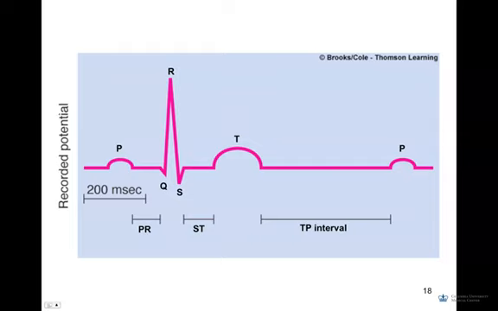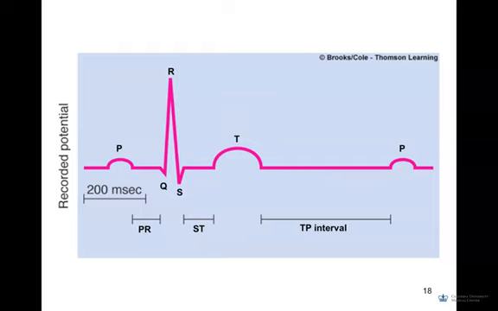Then we get a brief period of no activity, followed by the QRS complex. This brief period is sometimes called the PR interval, and it represents the AV nodal delay, the delay between the firing of the SA node and the firing of the AV node.